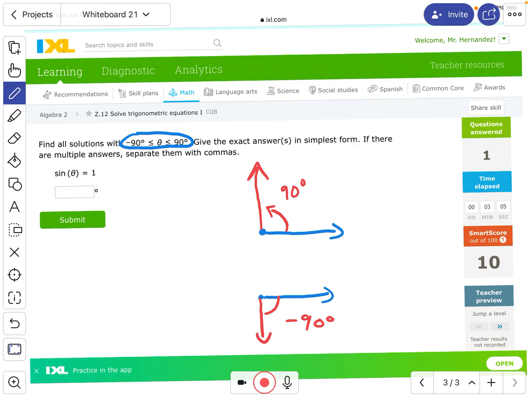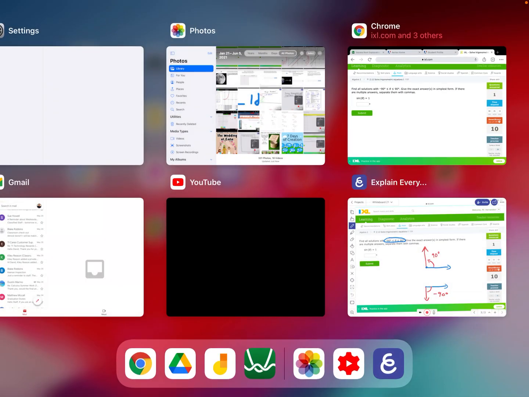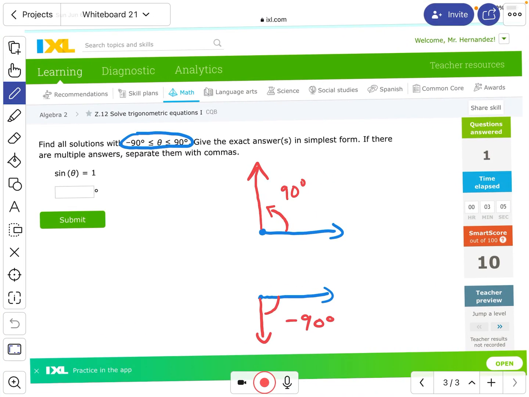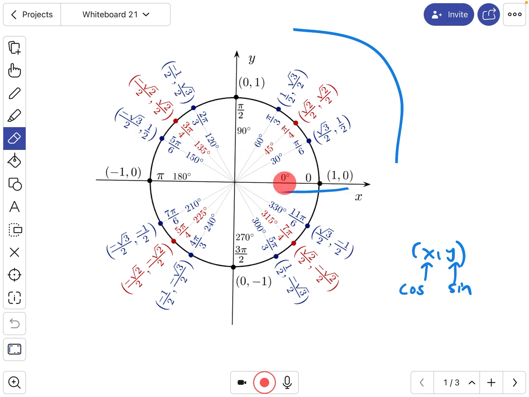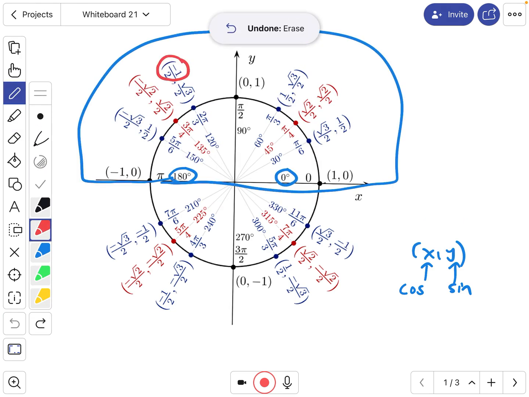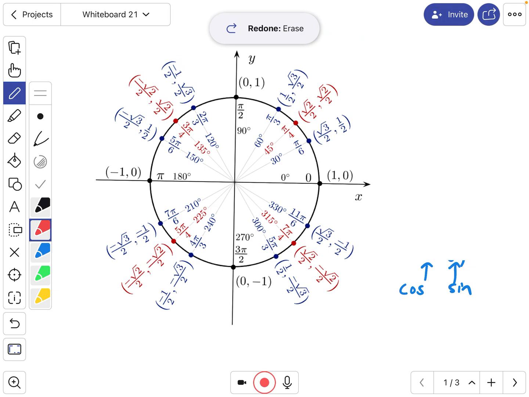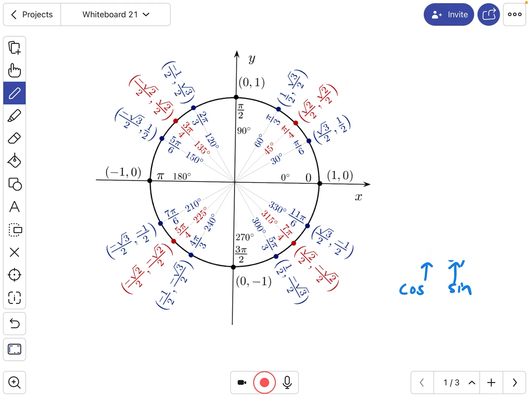So if we put those together, we're talking about a couple of quadrants in the unit circle. Okay, so negative 90 and 90. Well, 90 degrees is right here. But where is negative 90?